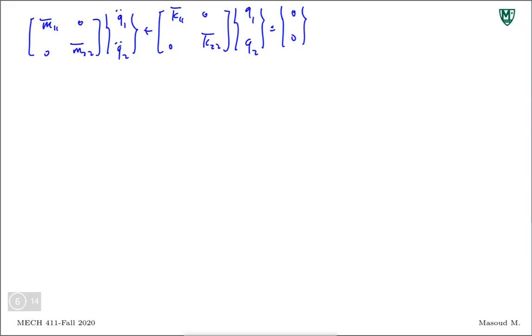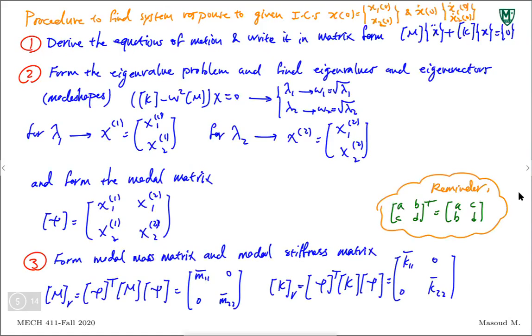The same transformation you use, x is equal to modal matrix psi times q, is used to transform initial conditions from physical domain to modal domain. But before that, you have to normalize your mode shapes to get the right amplitude transformation. Now, how do you do that?